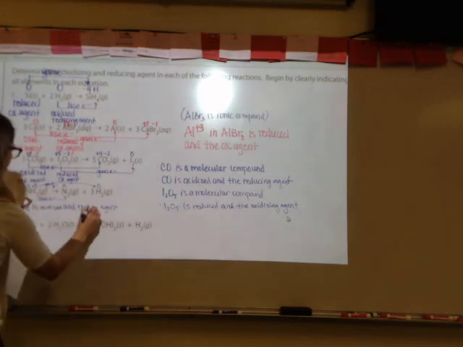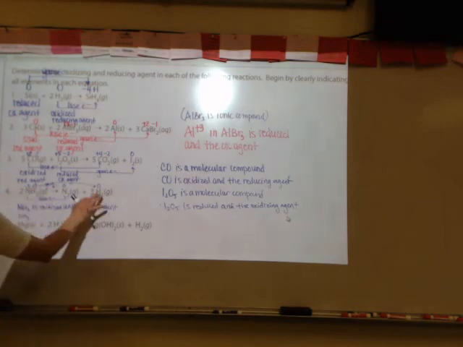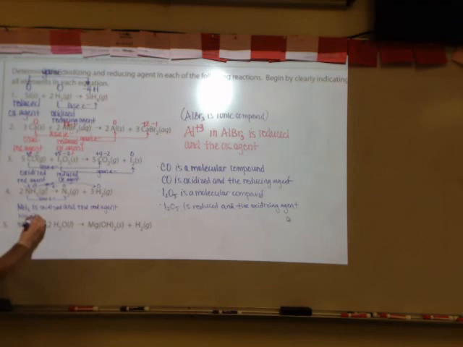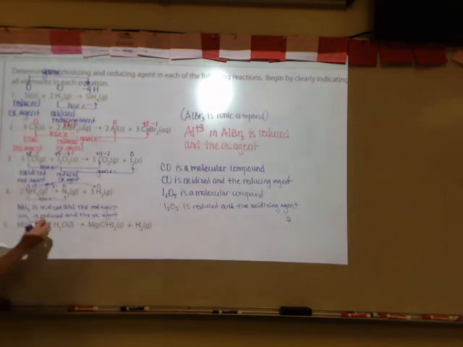NH3 is oxidized, therefore it is the reducing agent. And when hydrogen goes from a +1 to a 0, we are gaining electrons, so that means that NH3 is reduced as well, and it is the oxidizing agent. So here we have NH3 acting as a reducing agent and an oxidizing agent, okay?